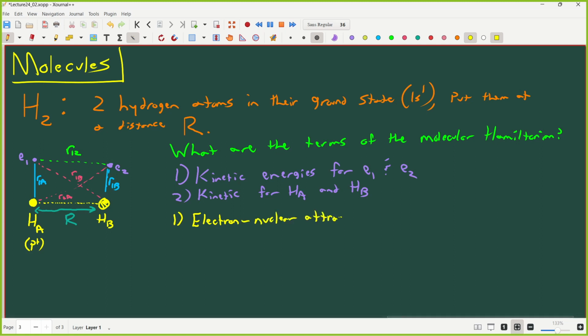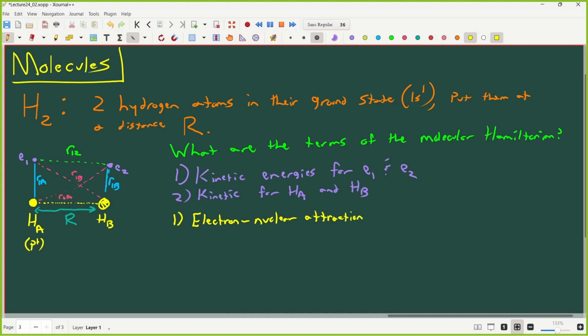The electrons are attracted to the nuclei. And how many terms are there? Well, there's 4 of them, because there's two nuclei and two electrons, and each electron is attracted to each of the nuclei, and therefore there's going to be four attractive terms.